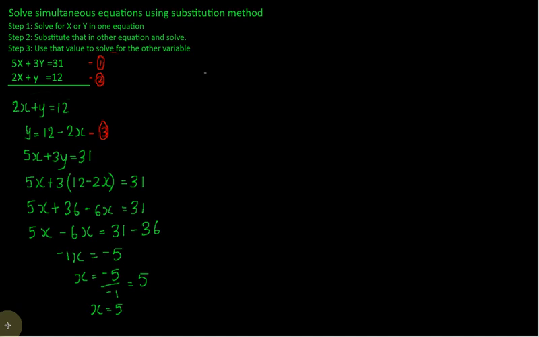So I am going to rewrite equation 3 here, that is y equals 12 minus 2x, that is y equals 12 minus 2 times, I know the value of x is 5 now, so 2 times 5, so that is y equals 12 minus 10, it's y equals 2.